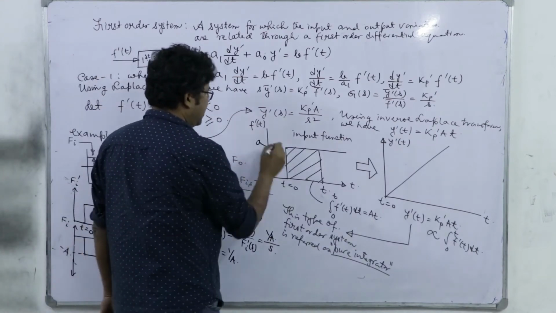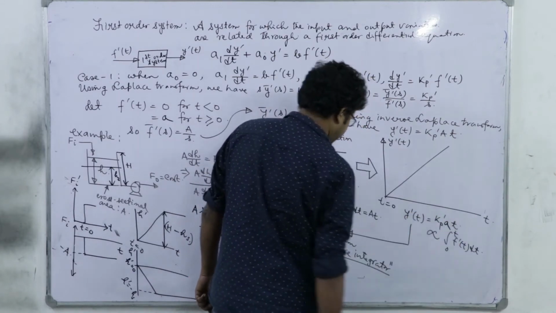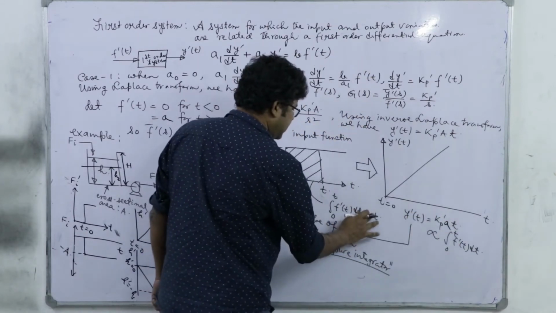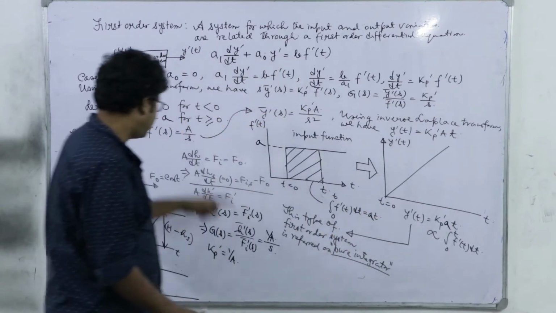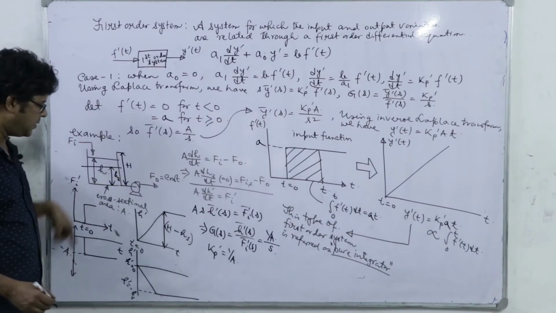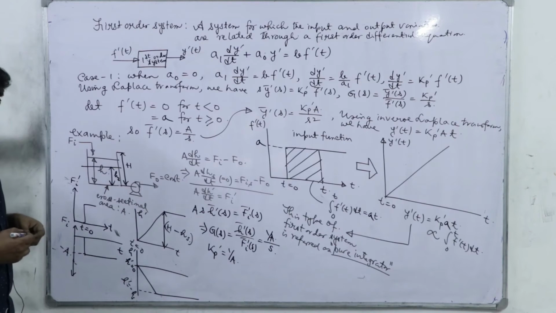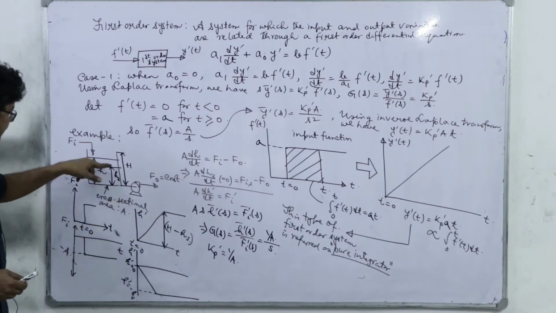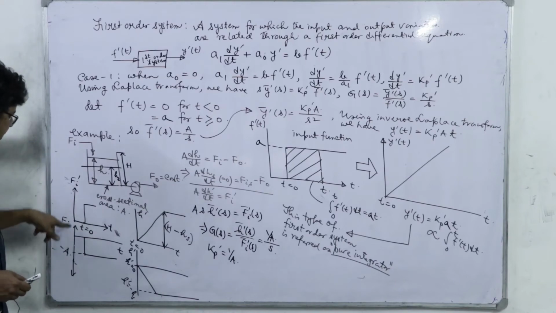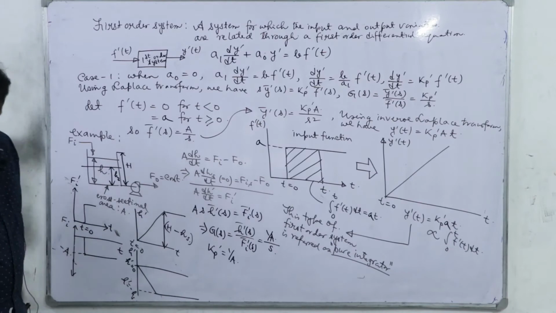So if it is small a step height, and this is Kp into small a into t, right? This step is small a into t, and from there we have got the implication that if I increase the inflow rate, the tank after some time will overflow, and if I reduce the step height or if I give a negative step, the tank will run dry after some time.